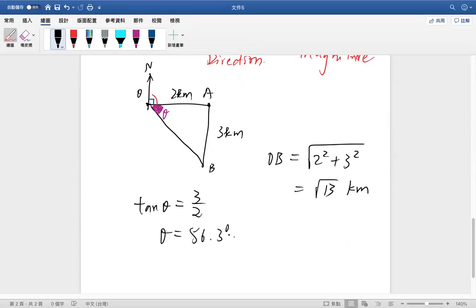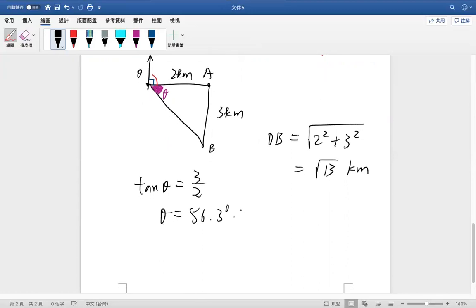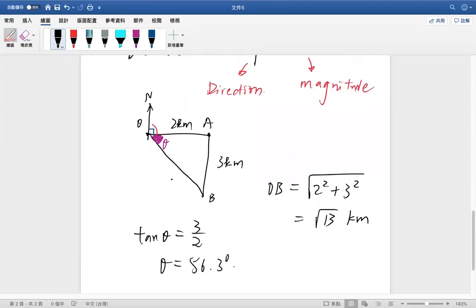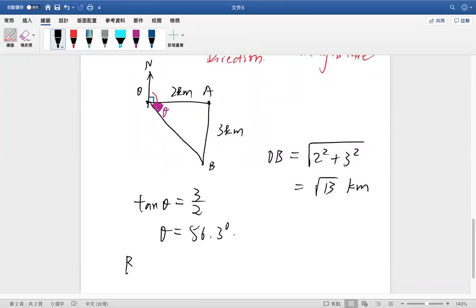Once you have this, remember what we want is the red angle. So the bearing is 56.3 plus 90 degrees, which is around 146 degrees. Is this okay?